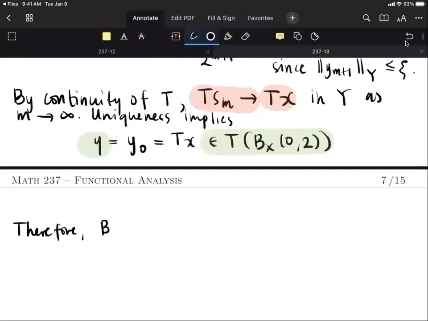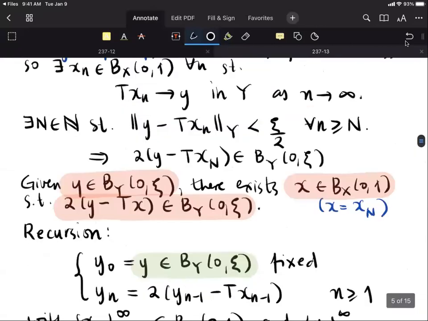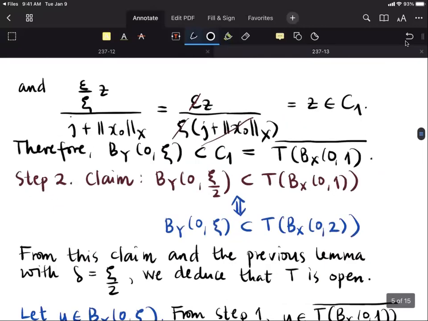So therefore, what do we have? This open ball is a subset of this image. And if you can recognize, this is our claim, or the one equivalent to it.